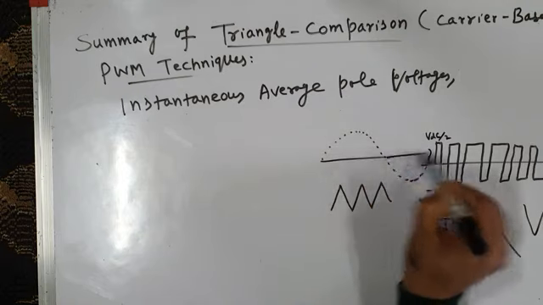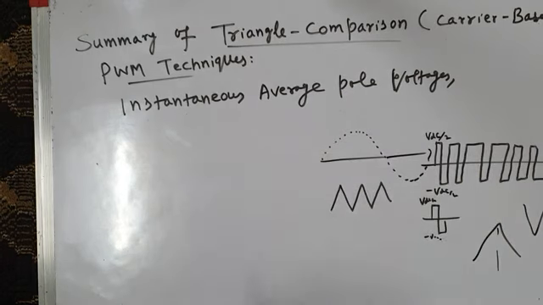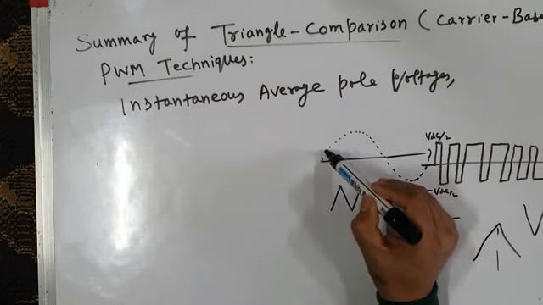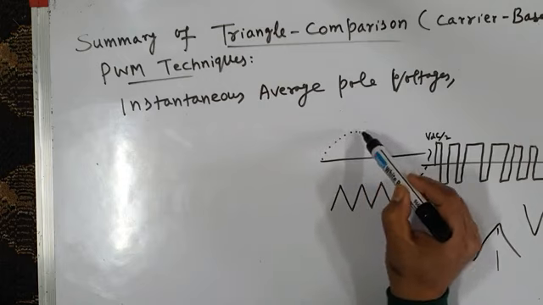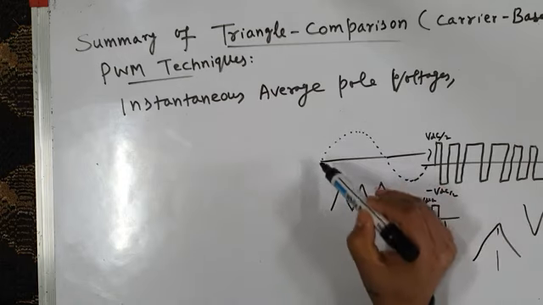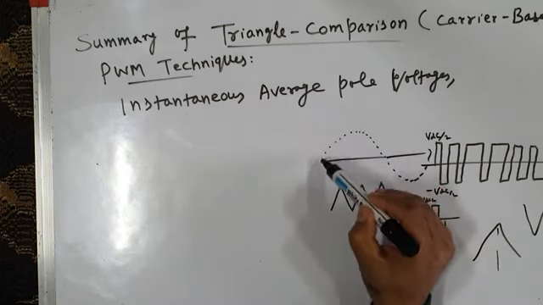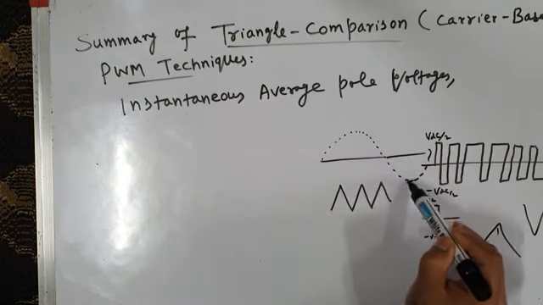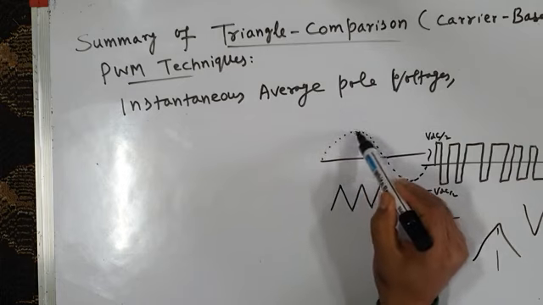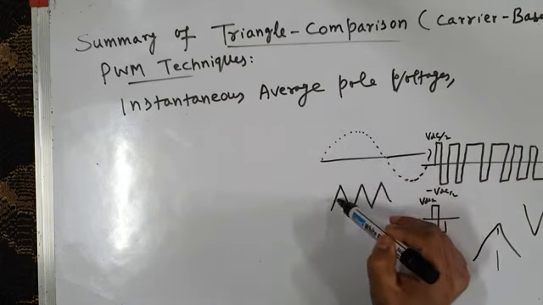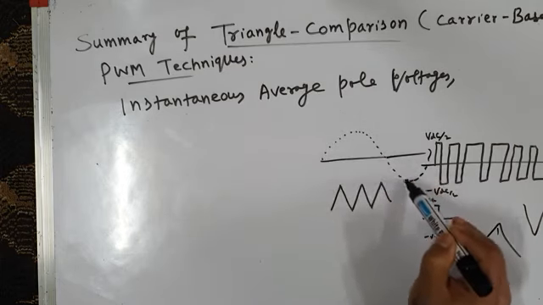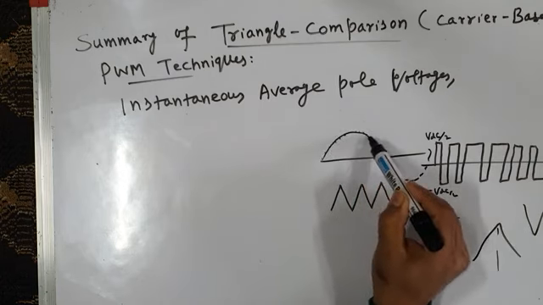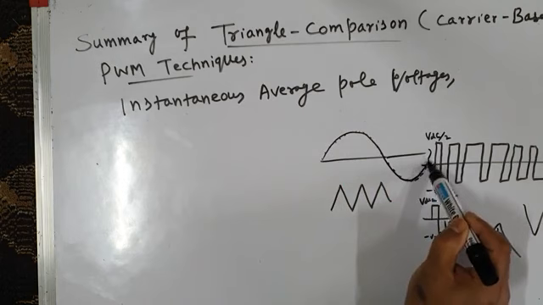So for sinusoidal reference waves, sinusoidal modulating waves, the instantaneous average pole voltages will vary like this. They will also vary from one carrier cycle to another in a sinusoidal manner. If you join these values, you'll get something like this.